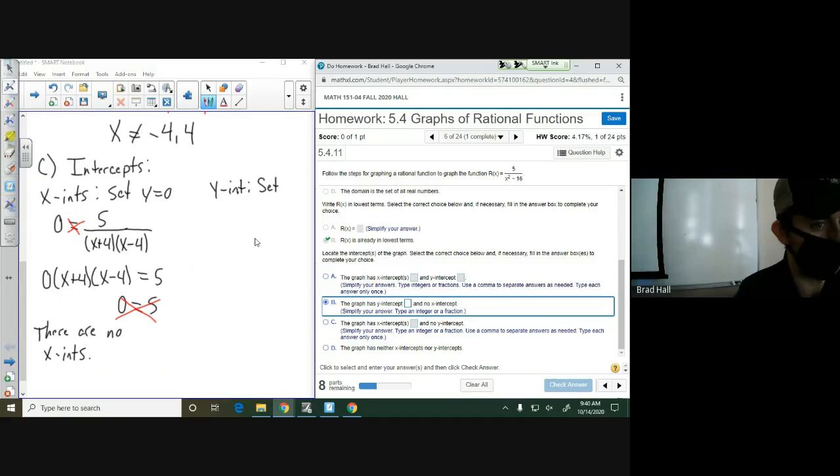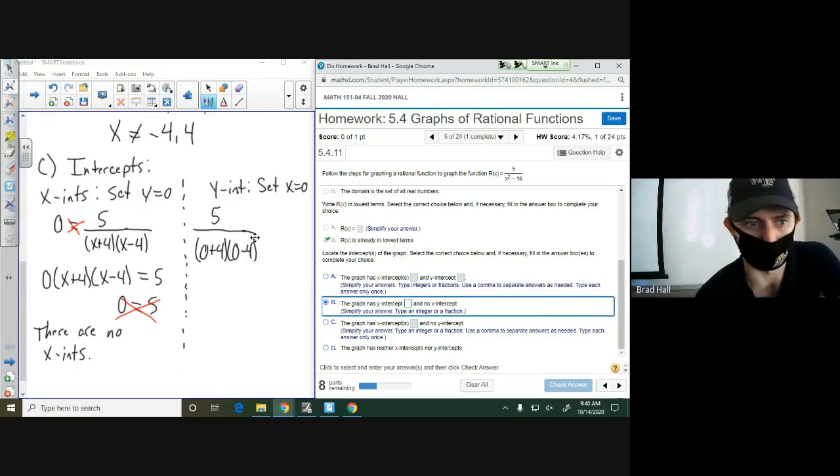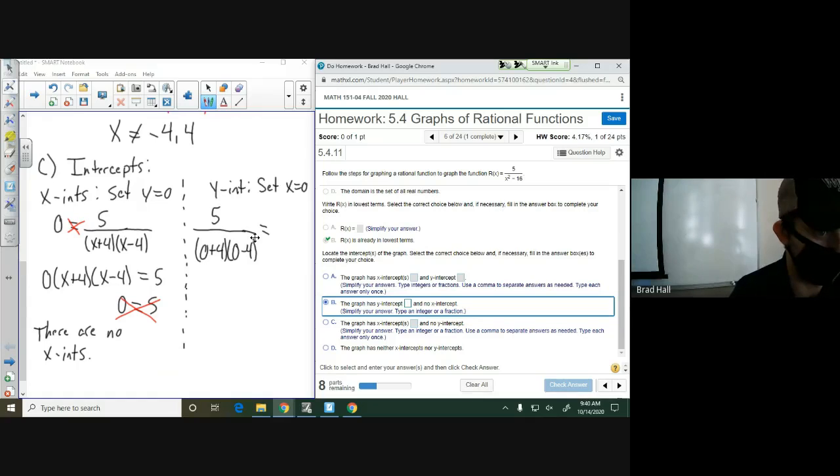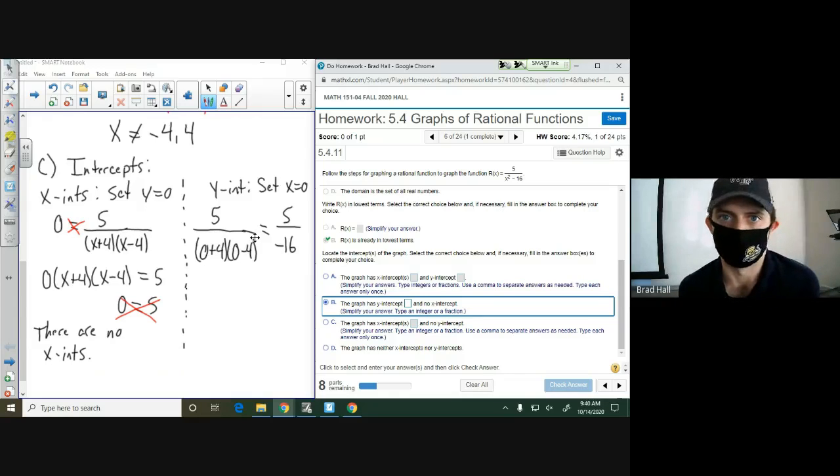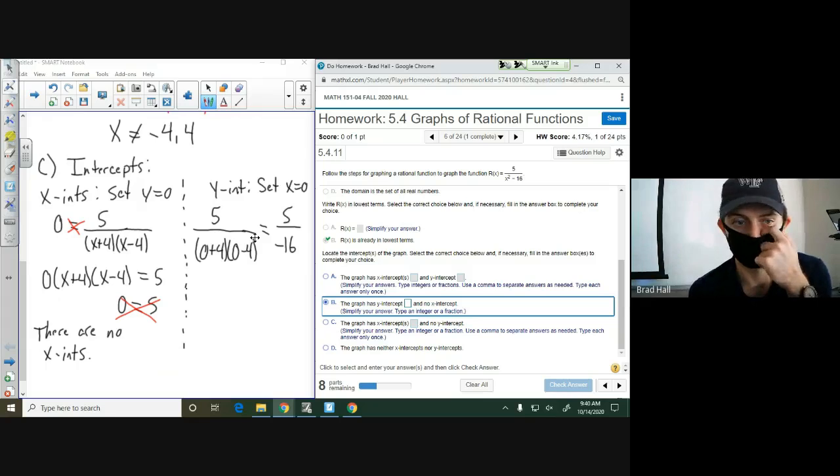Which means we set all the x's equal to 0. So the function is 5 divided by now 0 plus 4 times 0 minus 4, because now we are setting all of the x's equal to 0. So this is 5 divided by negative 16, because in the denominator, you end up getting 4 times negative 4, which is negative 16.